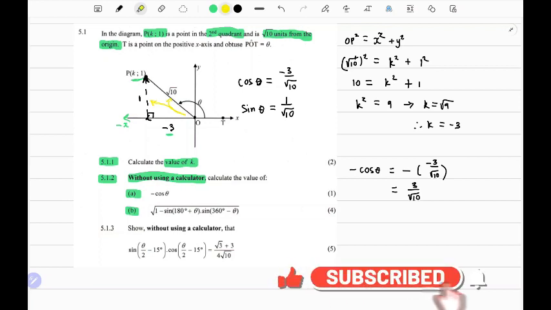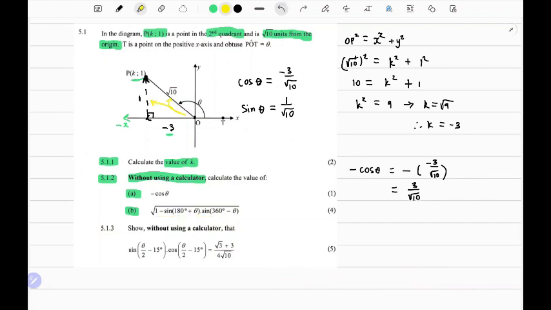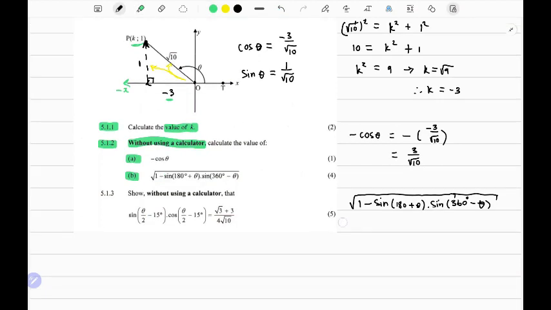My advice would be first to reduce this expression, because we can use a reduction formula for these two terms here. So let's do that. We can write this as the square root of 1 minus sine of 180 plus theta.